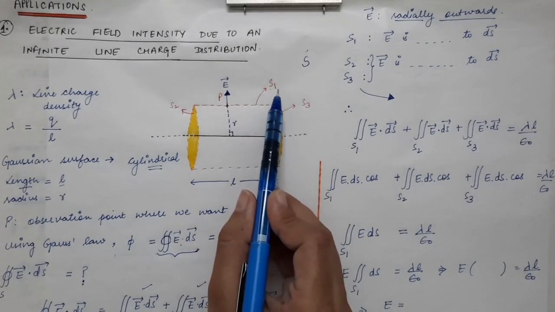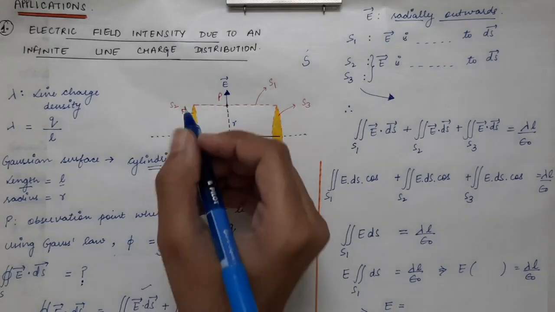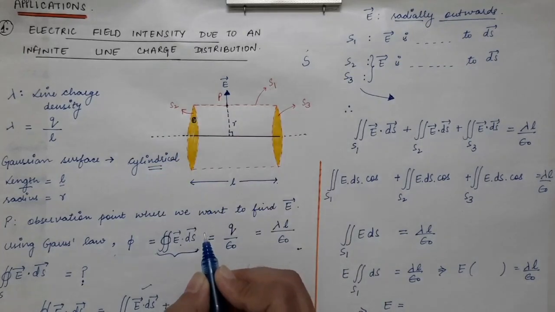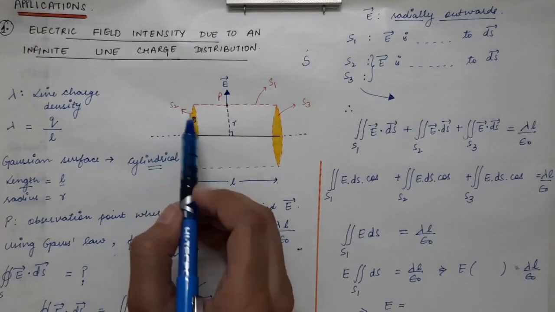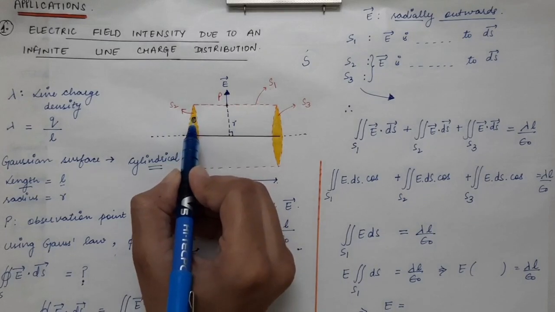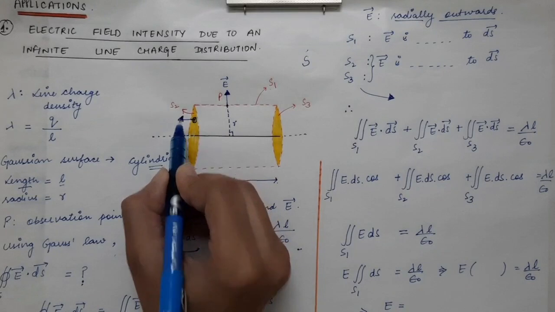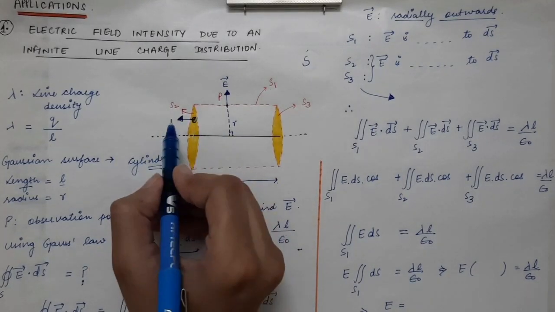or you can say at the curved surface S1 and at the surface S2. Let's say on this surface S2, if you take a small surface element, the surface area vector will be pointing perpendicular to the surface. The surface area vector is always pointing perpendicular to the surface.